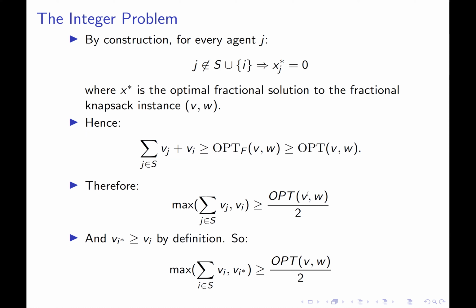Well, it outputs the maximum of the value of the people in this set S, or the value of the guy who's got highest value, which is by definition only larger than the value of bidder I. And so that's it. The solution output by this algorithm has objective value that is at least half of the optimal objective value. And so it's a two approximation algorithm.